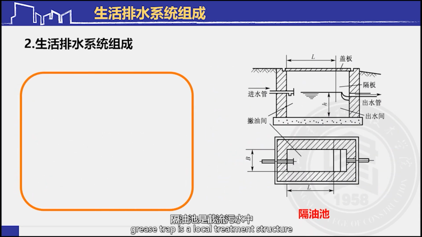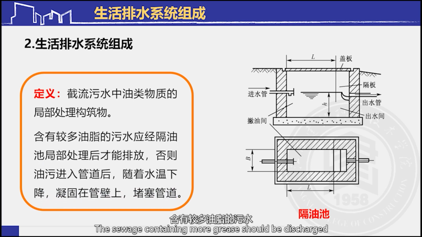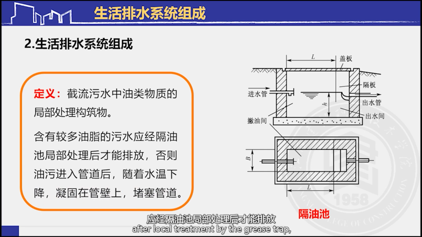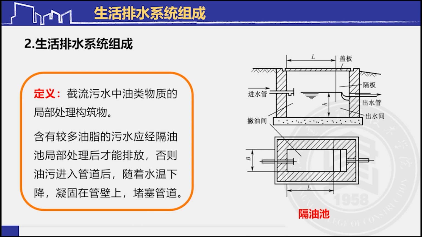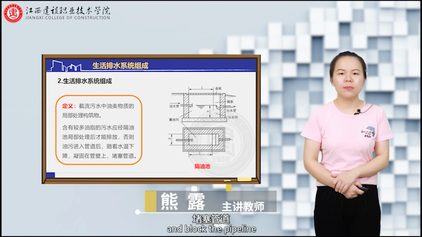A grease trap is a local treatment structure for intercepting oil substances in sewage. The sewage containing more grease should be discharged after local treatment by the grease trap. Otherwise, the oil will enter the pipeline, solidify on the pipe wall as the water temperature decreases, and block the pipeline.